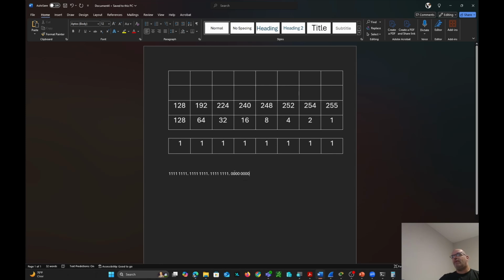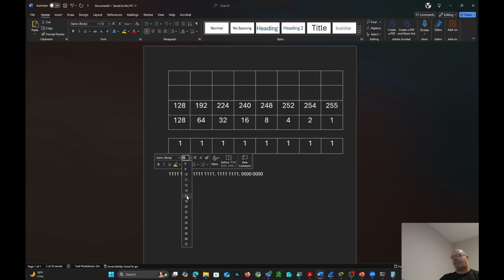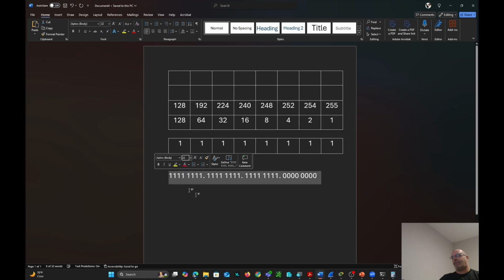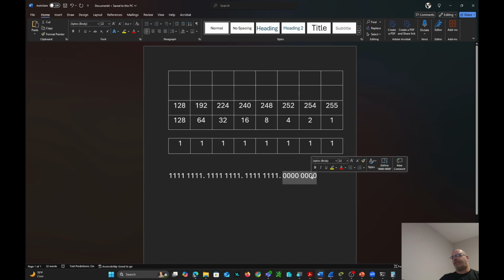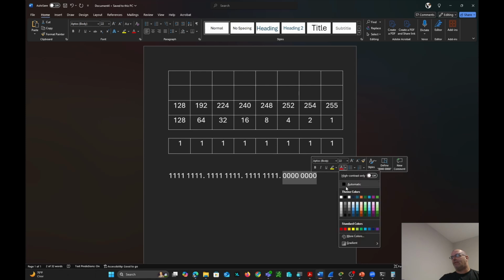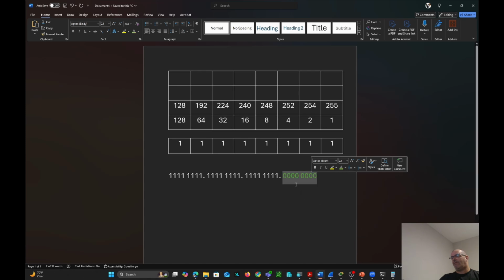Okay. So everywhere that there is a 0, that is a device on the network, right?